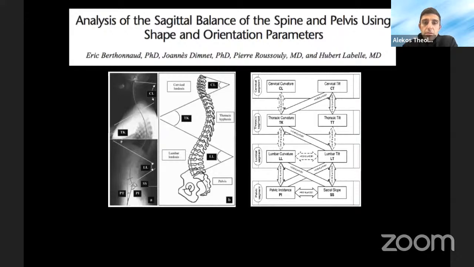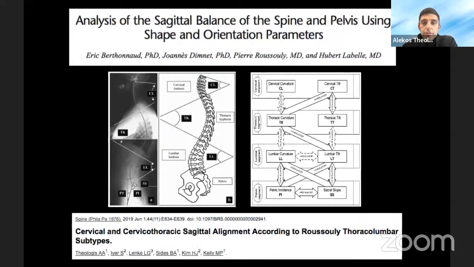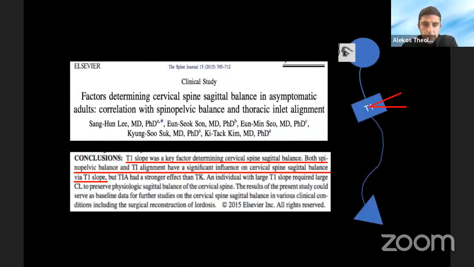This has been demonstrated by numerous colleagues, first showing correlations between pelvic incidence, lumbar lordosis, thoracic kyphosis, and cervical lordosis. We studied this when I was a fellow at WashU and tried to define it based on subtypes. But the core of it is that the bottom affects the top.